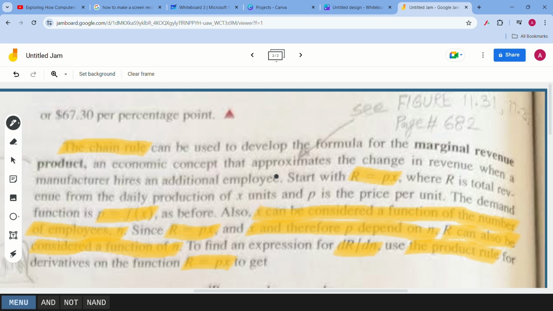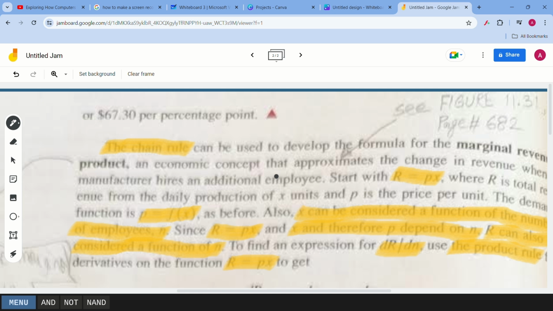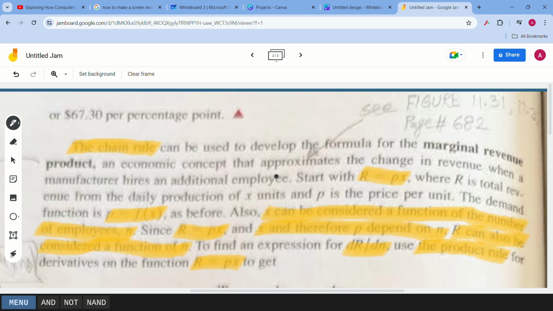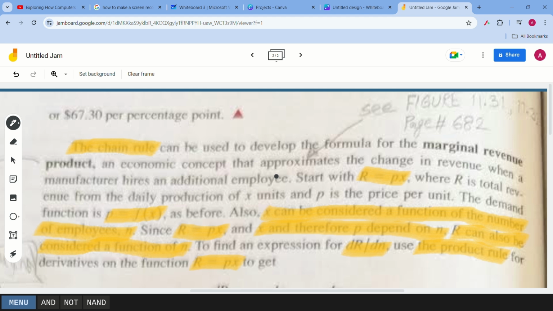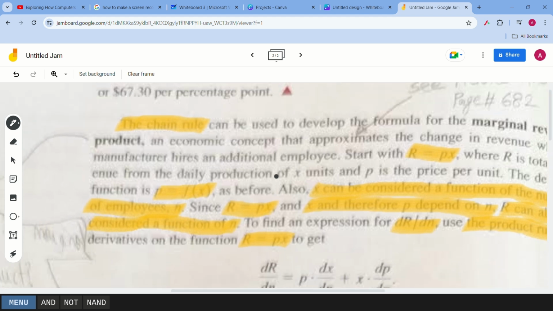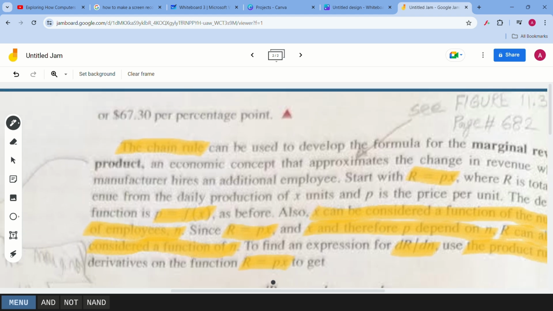Also, X can be considered a function of the number of employees, N. Since R equals P times X, and X and therefore P depend on N, R can also be considered a function of N. To find an expression for dR over dN, use the product rule for derivatives on the function R equals P times X.